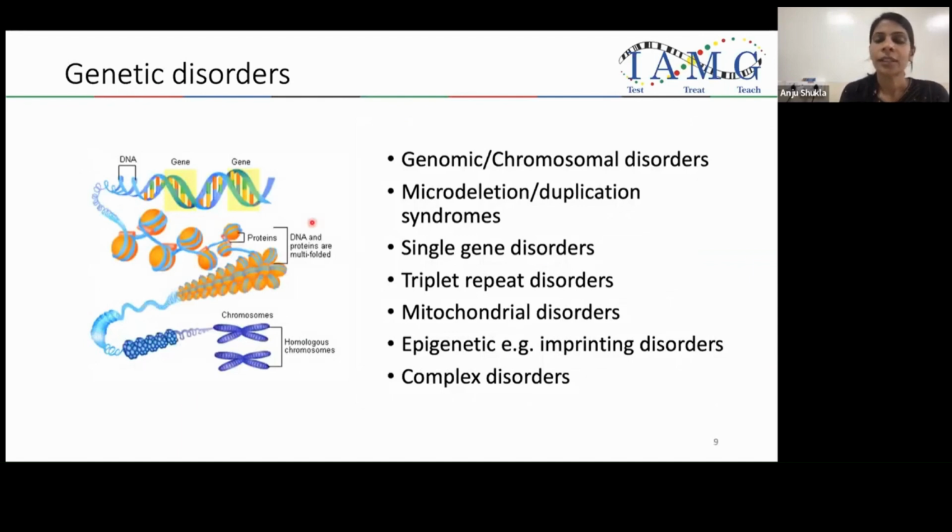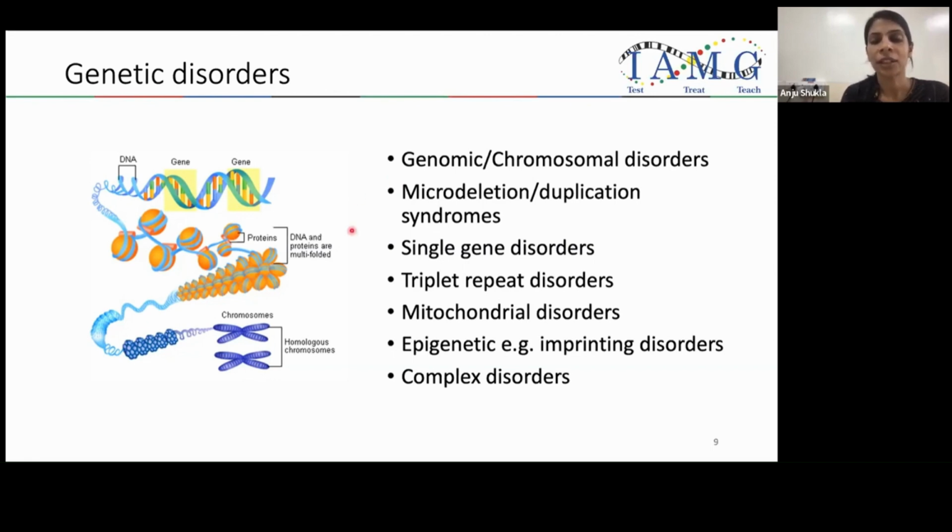Because of these detrimental changes, there can be several kinds of disorders which have a genetic component. If there are deletions, duplications, or a change in the number of chromosomes, we refer to them as chromosomal or genomic mutations. If it is submicroscopic, it is often referred to as microdeletion and microduplication syndrome.